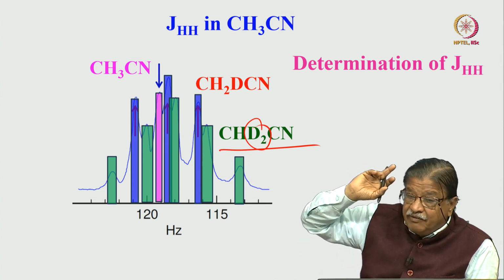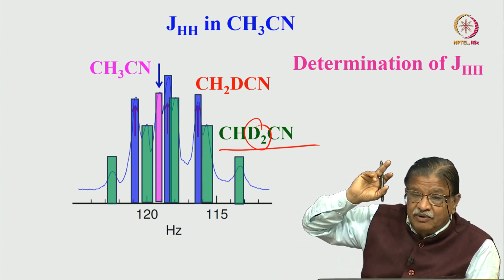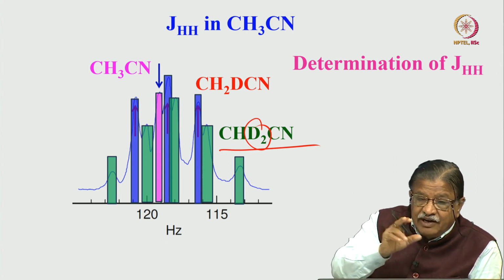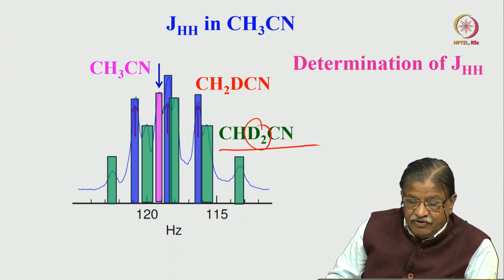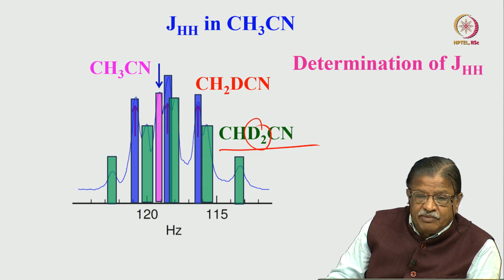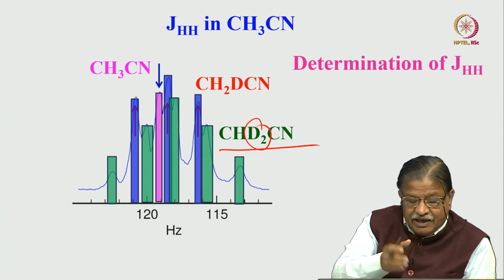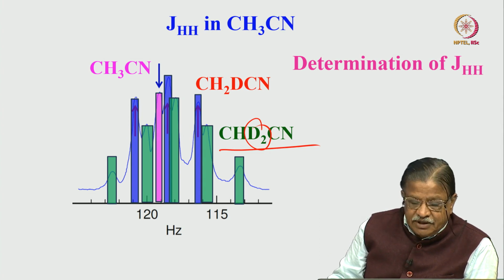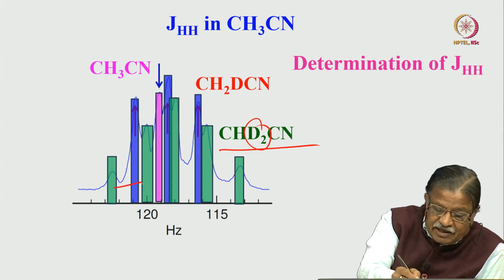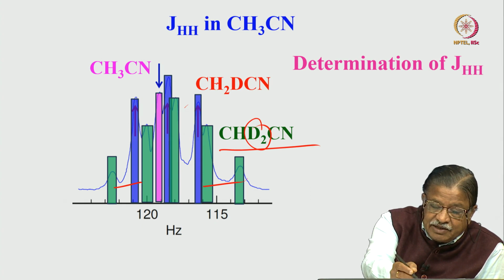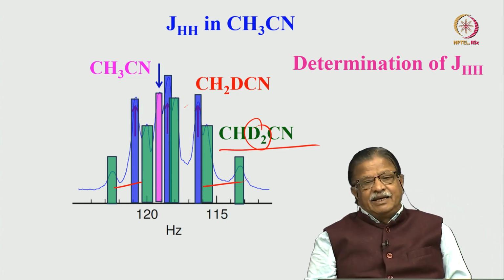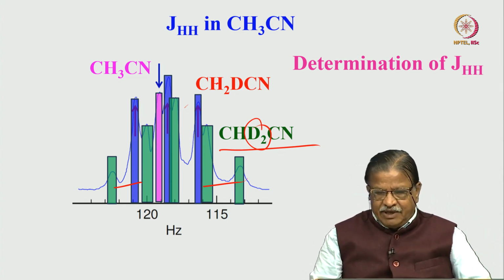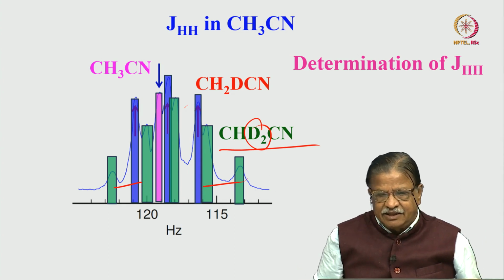Remember when I explained the CH2D2 molecule, I showed you we get 5 lines of intensity 1, 2, 3, 2, 1, if you remember that, for the 2 deuteriums coupled to a proton. Similarly here we got 5 lines for the proton in CHD2CN, and if you measure the separation in exactly this molecule, you will directly get the JHH. From the HD you can calculate JHH.